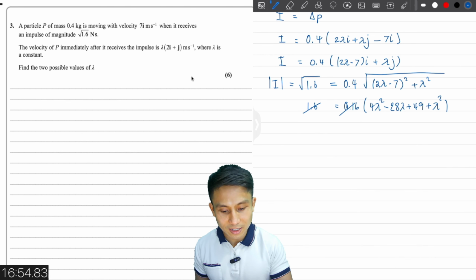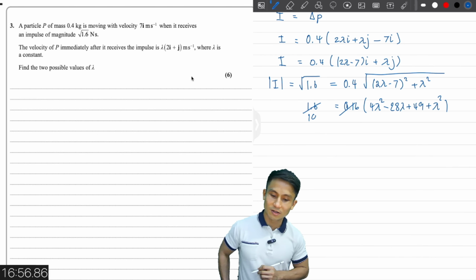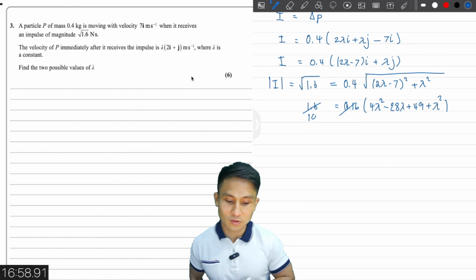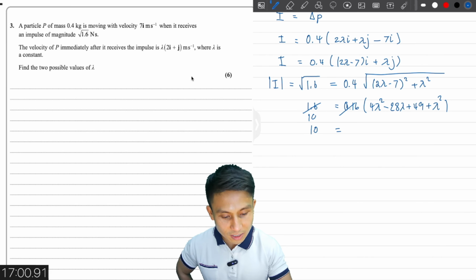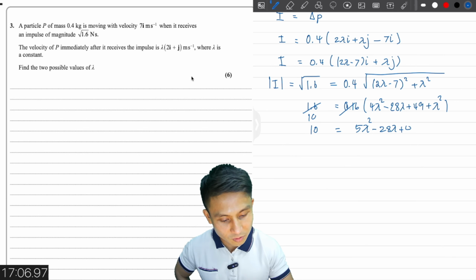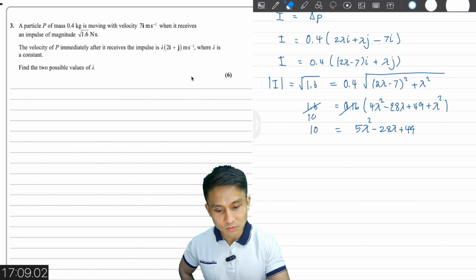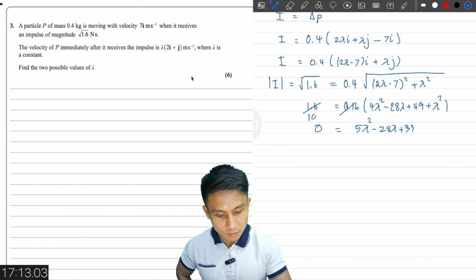If you divide both sides by 0.16, you get 10 on the left. So 10 equals 5 lambda squared minus 28 lambda plus 49. If I also subtract 10 on both sides, I have 39 here, equals 0.